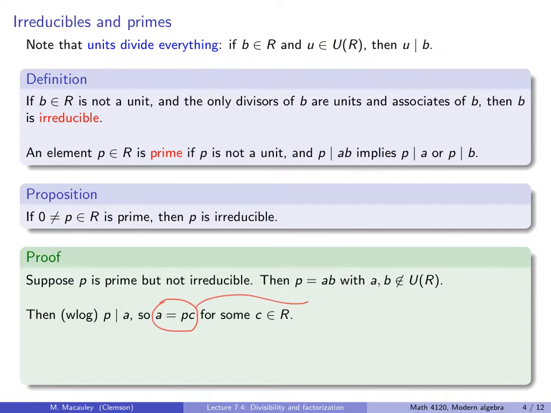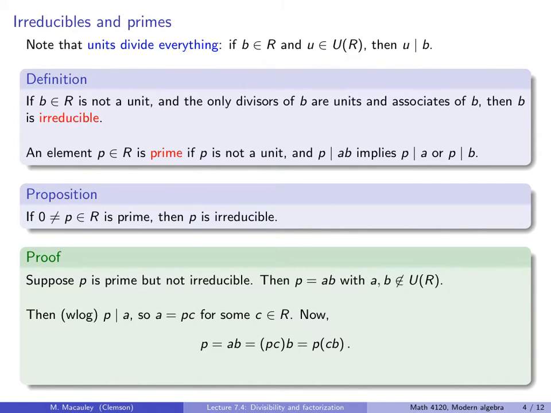So let's now plug this into the a up here. So p equals a times b, and we can plug p times c in for a. So we get p times c times b. Now we can rearrange the parentheses and write this as p times cb.